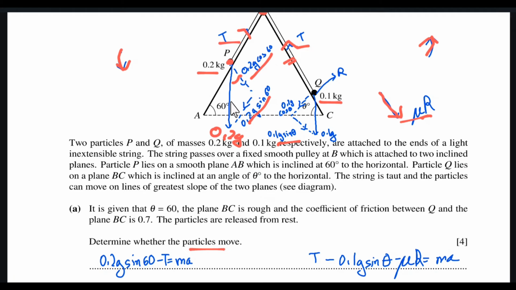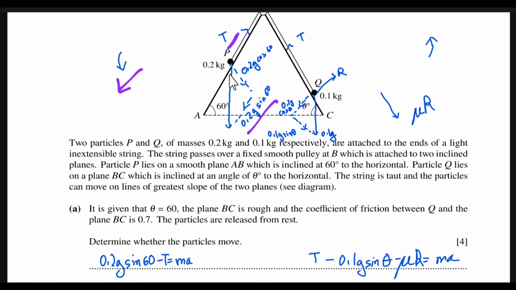For this particle, 0.2 g sin 60 minus T is equal to mass into acceleration, that is, since it is moving downwards, the forward force minus the backward force T is equal to mass into acceleration. For particle Q, since it is moving upward, the forward force T minus the backward force, that is its weight component and mu R, gives T minus this component minus mu R is equal to mass into acceleration.